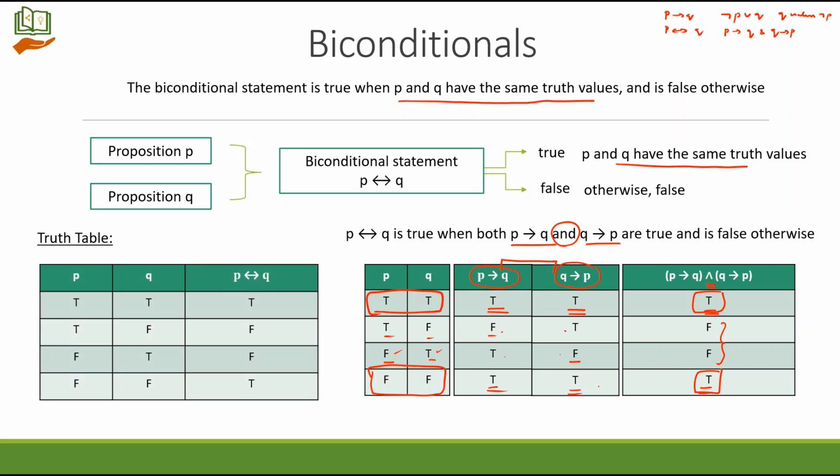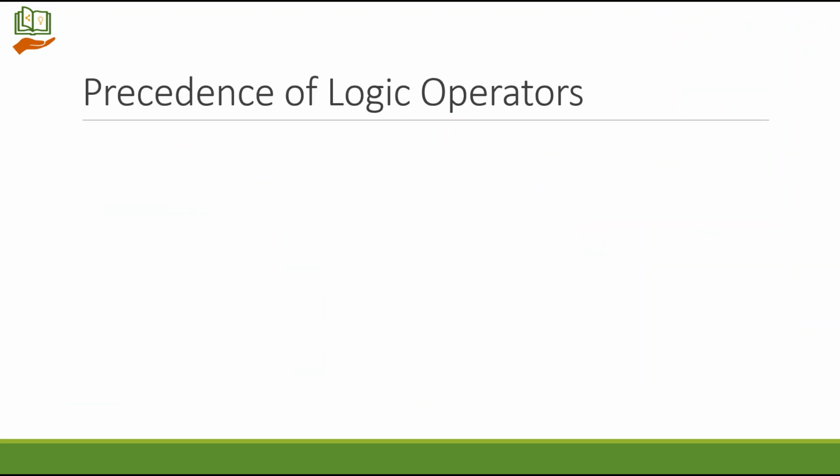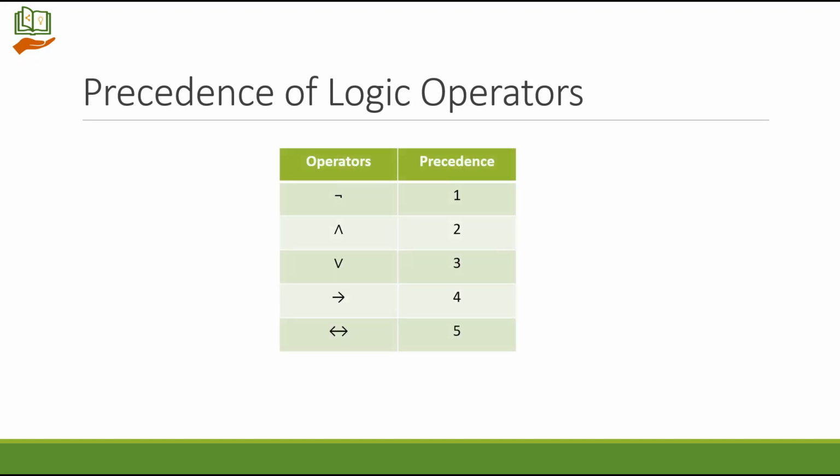We will see for bi-implication, we are directly applying T and T to T and F and F to T here. The rest of the rows will be carrying false because only one of them are true at a time. Now we have seen about lots of logical operation like negation and or. In logical operation we also include implies operator, bi-implies operator. What is the precedence of those operator?